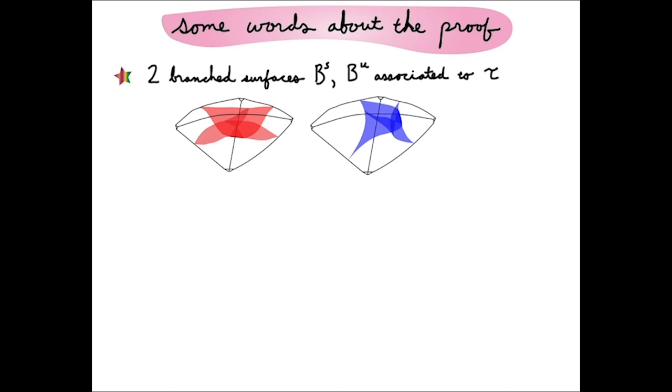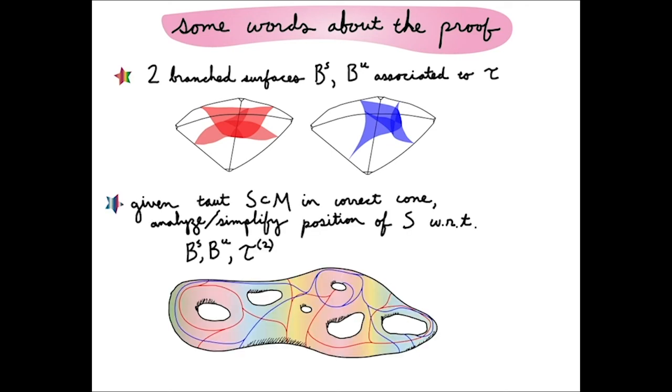So given some taut surface in the correct homology cone, I want to analyze its intersection with these two branched surfaces, as well as the 2-skeleton of the veering triangulation, to sort of systematically simplify that and show that eventually I can actually isotope this thing so that it lies in a neighborhood of the 2-skeleton of the veering triangulation.